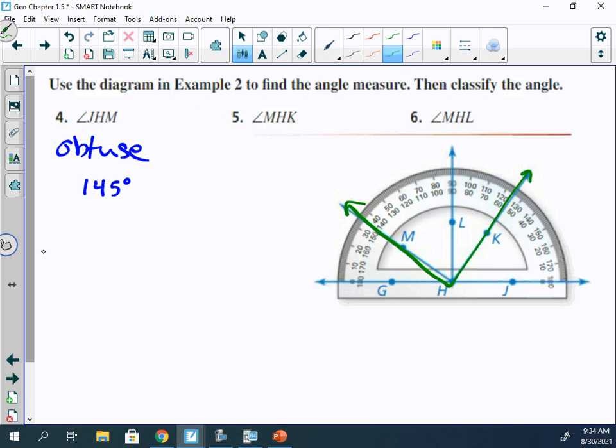So we look at this here. They're both on a 5, yes? So we can say 5, 10, 20, 30, 40, 50, 60, 70, 80, and then 85, 90 degrees. So it is a right angle.